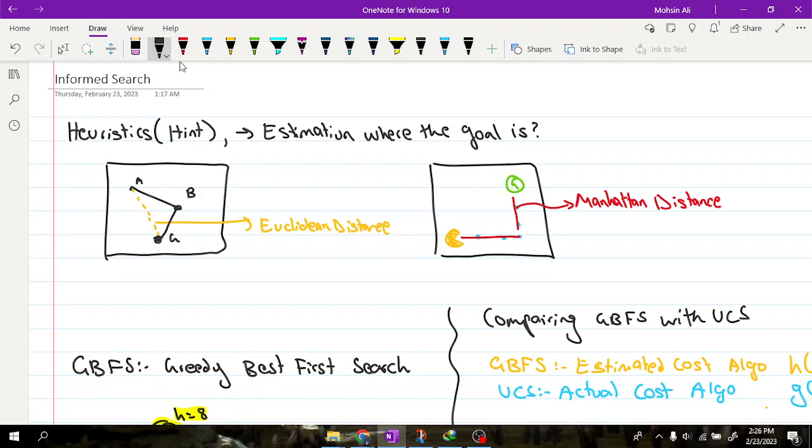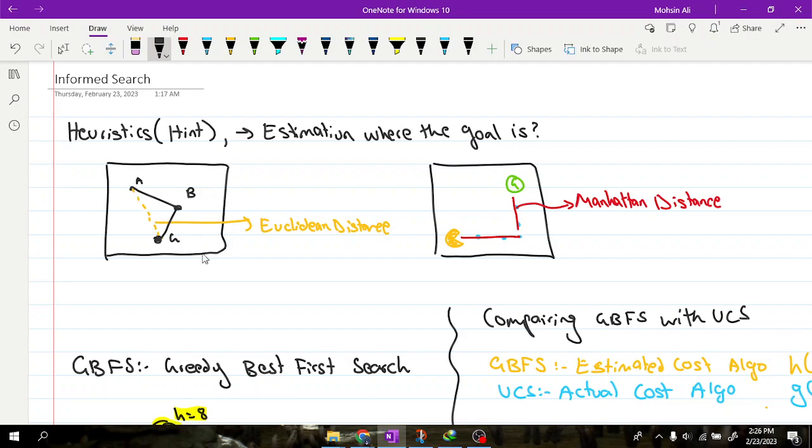If I want to go from city A to city G, one possible estimation of how far the distance would be from A to G could be calculated by using Euclidean distance. And Euclidean distance is just calculating the shortest distance from point A to point B, from the source to destination, and that is generally a straight line.